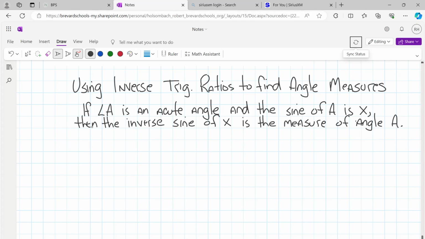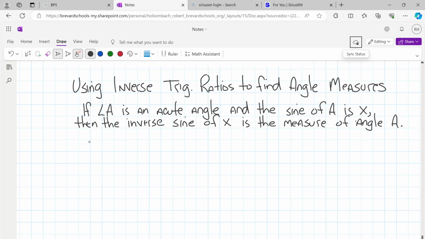Now, the wording part of this, I think it sounds confusing. The symbol that I'm going to give you may seem confusing, but when you actually start doing the calculator operations, this is actually very, very simple.